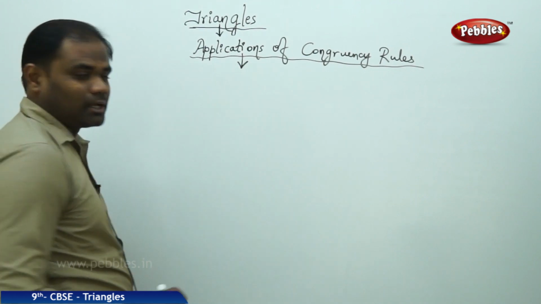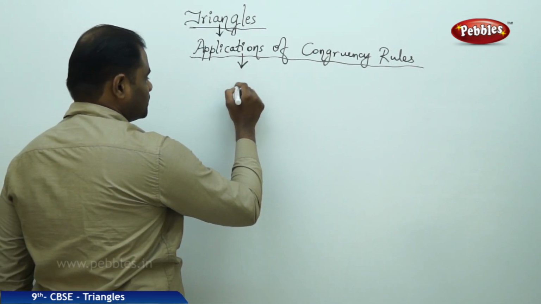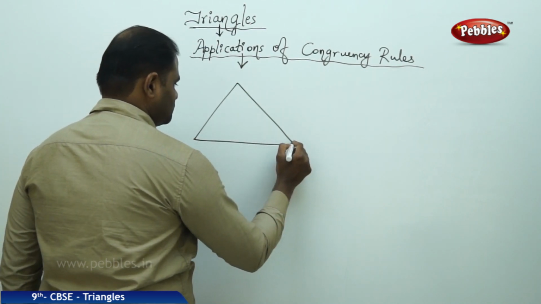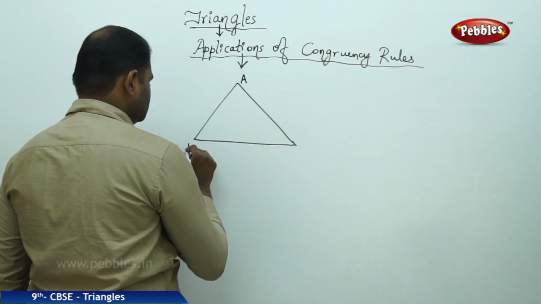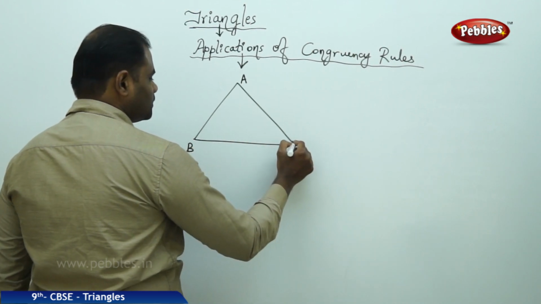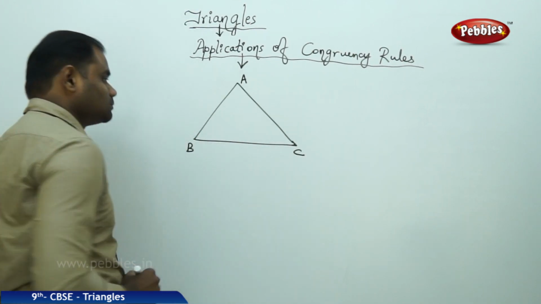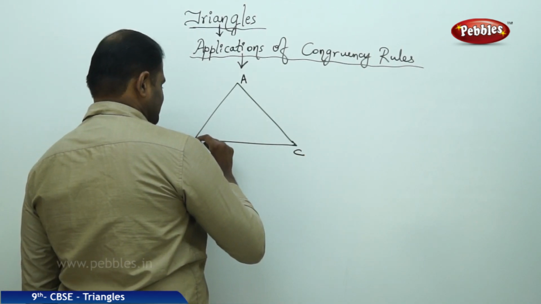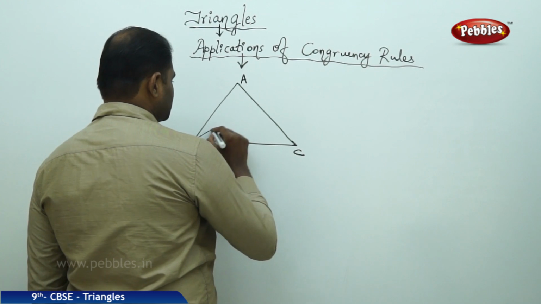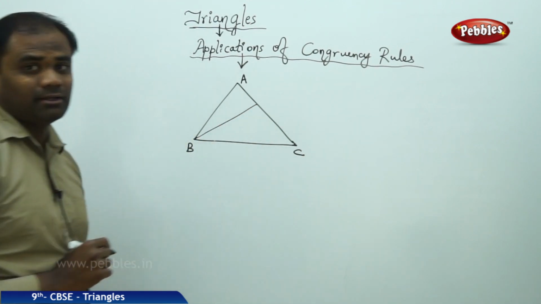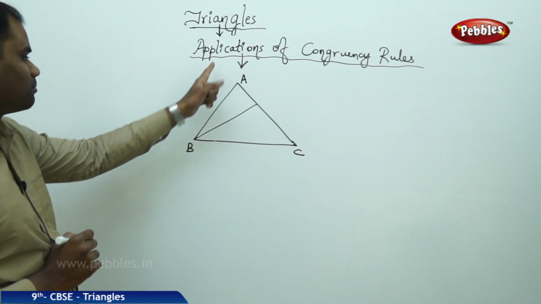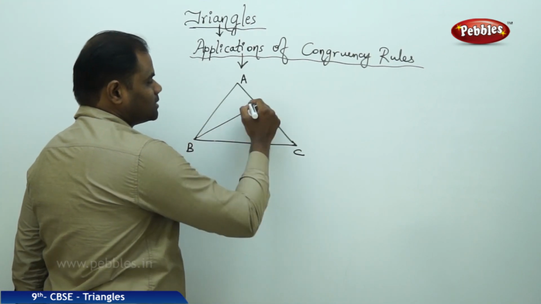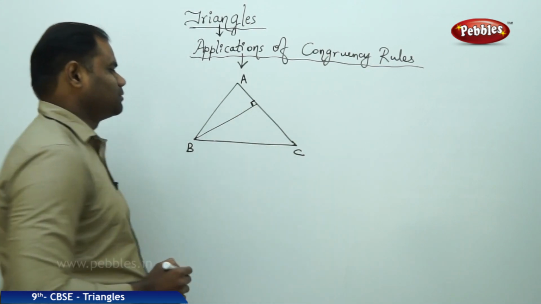Given, for example, I have a triangle ABC, and let me say the altitudes of the two sides are equal. When I take the altitude from B to AC, this is the perpendicular dropped onto the side AC, which is how we define altitude.